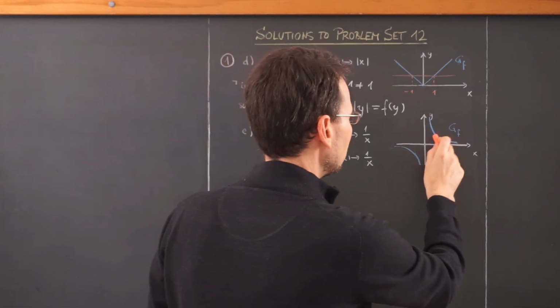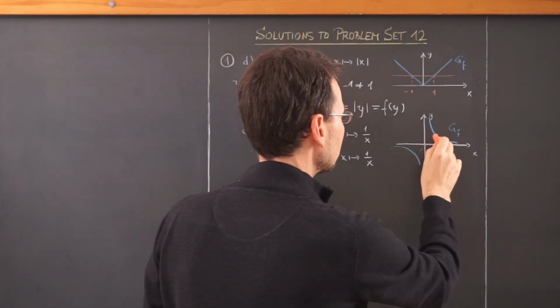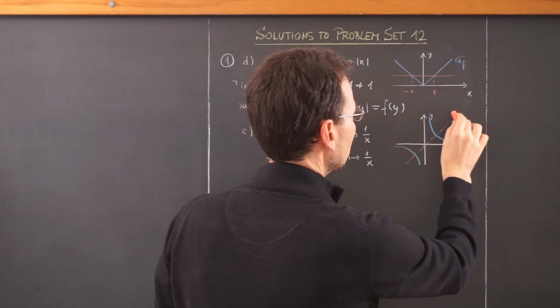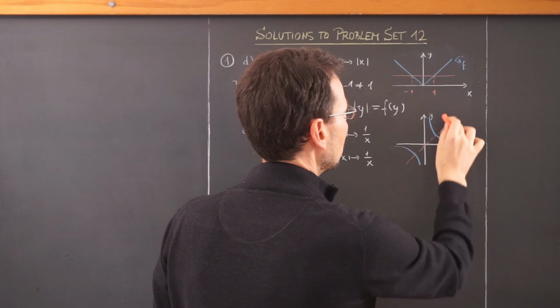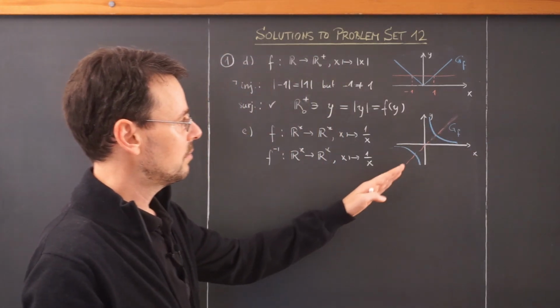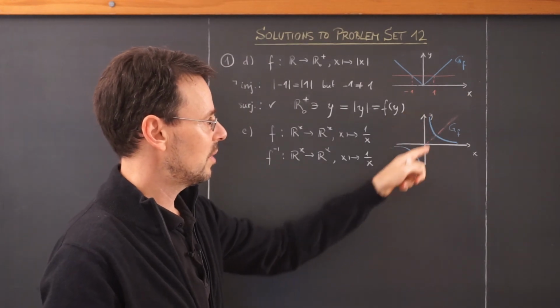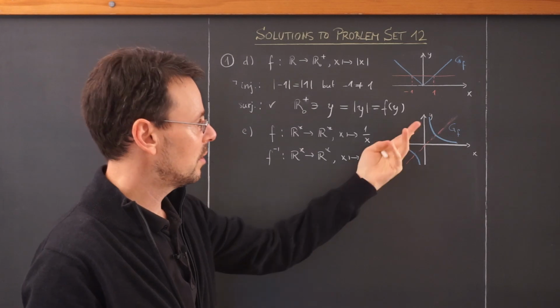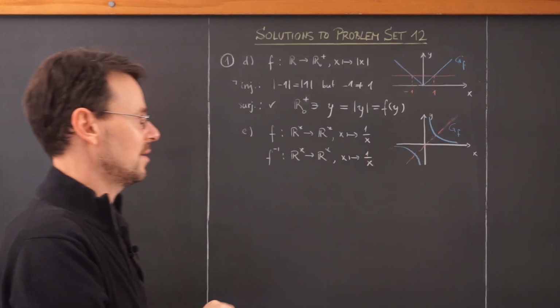If you know about the geometry of inverse graphs, as I've mentioned before, to get the inverse graph, you have to reflect this graph here about this axis here with slope 1, and then you get the same graph.